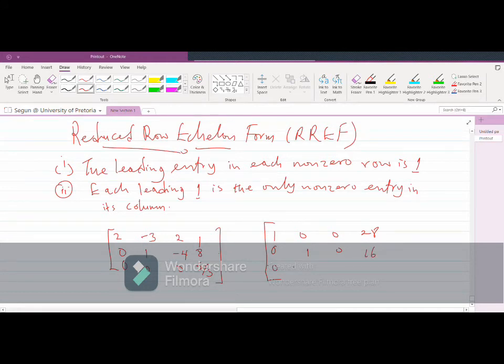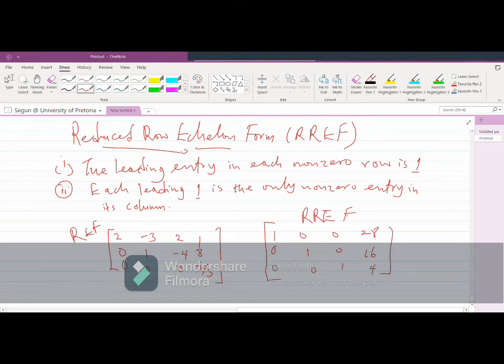This one is 0, 0, 1, 4. Let's just assume. So this particular one is row echelon form, while this one is reduced row echelon form.